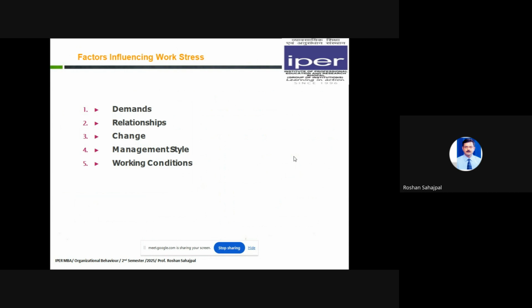So everybody needs to unwind. Everybody needs to have a Sunday in which the person recharges himself for the coming week. But if you keep Sundays as working days, then ultimately people will have a negative impact on their work-life balance, because they have to give time to their families too.